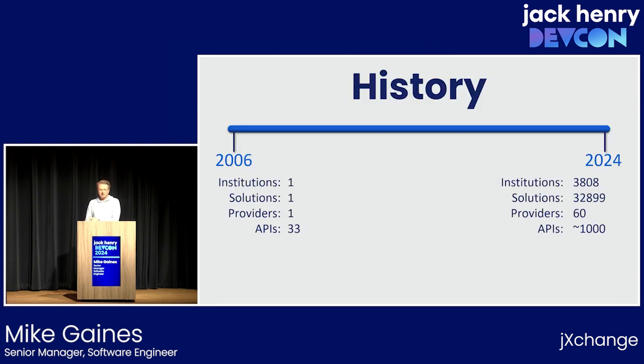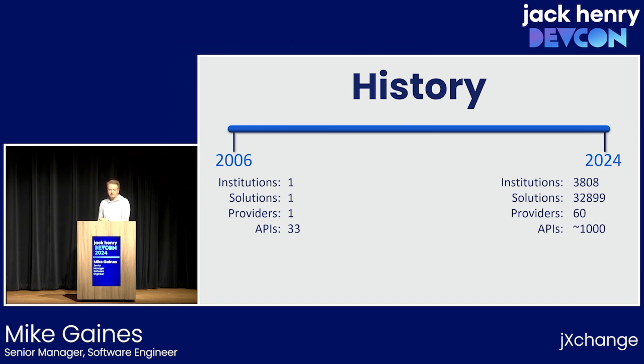We went live with JX in 2006. In Winfield, Kansas, we had one institution at the time, one solution and one provider, which was Silver Lake. Today, you can see we've had some incredible growth, almost 4,000 institutions. Not all of those are legacy banking and cores, but a lot of that is attributed to the payments and bill pay.